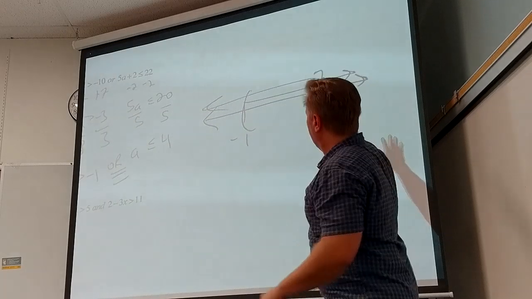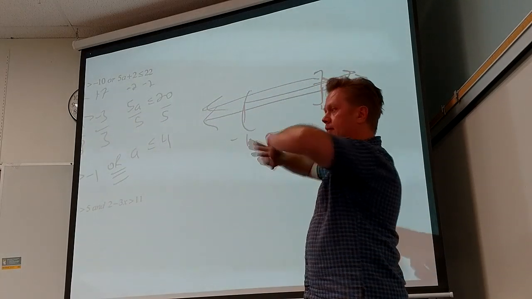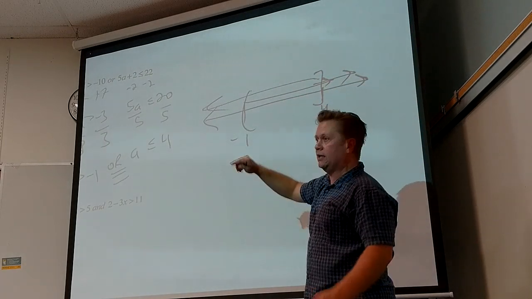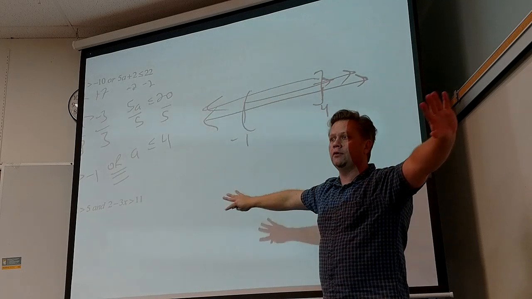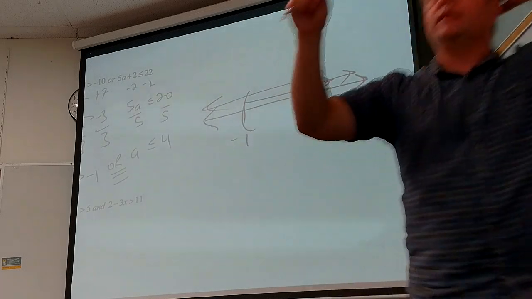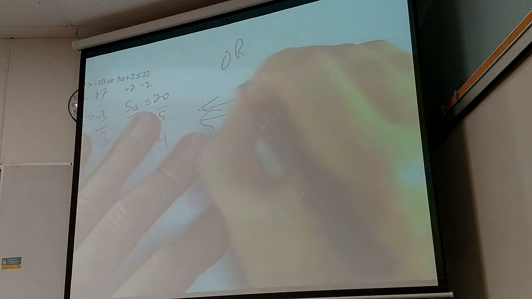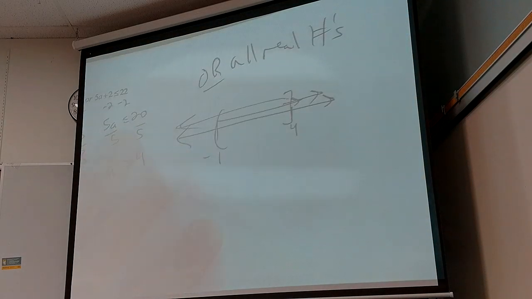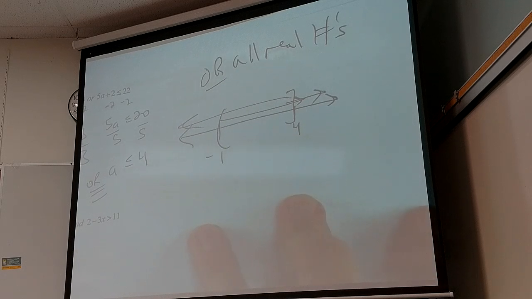So anything I shade at all for either piece, if it's an or, it gets included in the answer. So look, when I do all the shading, is there any part of the number line I left out? No, it's everything, right? Or the answer is going to be all real numbers, because there isn't any real number that doesn't do one of those two things.